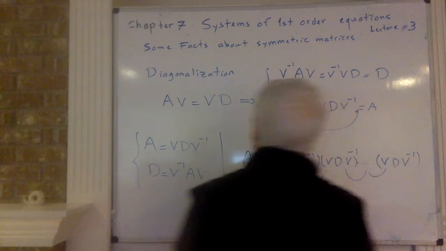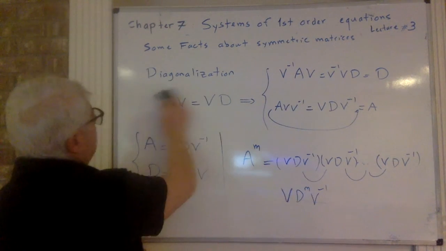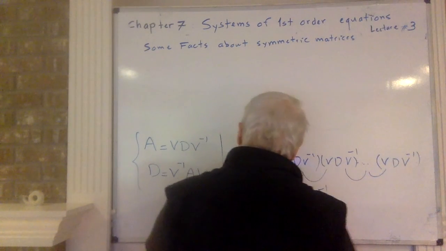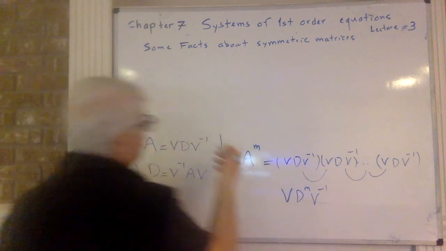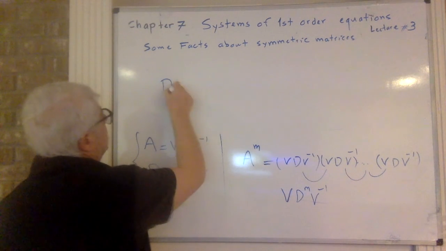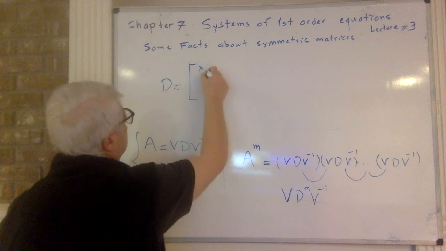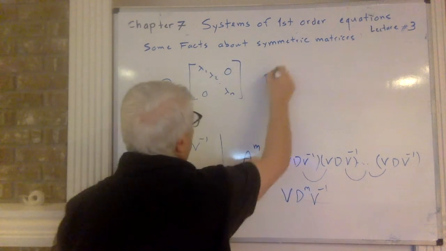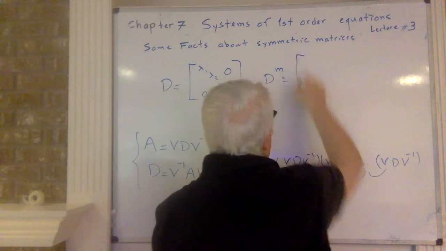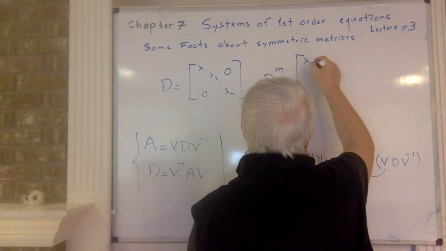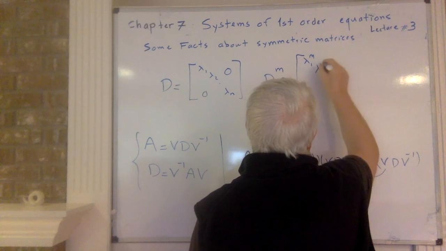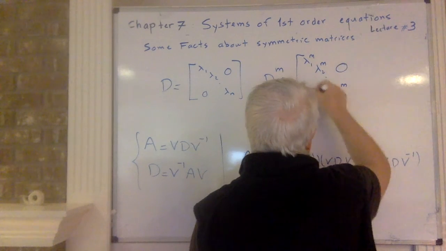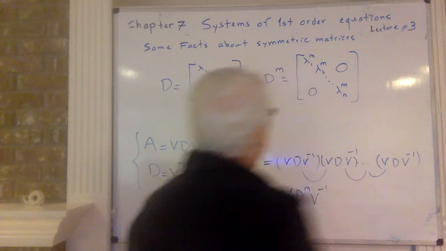Let me show you how to raise D to power m. You might have guessed how that happens. D is in fact a diagonal matrix, lambda 1, lambda 2, lambda n, with zeros elsewhere. D to power m, if you multiply two times and three times, you will see, is lambda 1 to the m, lambda 2 to the m, lambda n to the m, with zeros elsewhere. That's very easy.